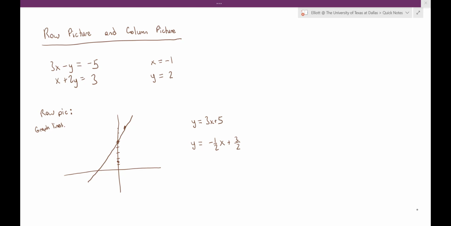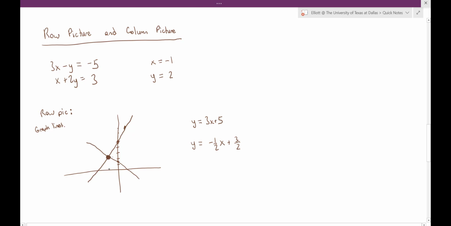All right, so then graphing this, the y-intercept was 3/2, and the slope is -1/2, so let's see here, let's go up 1 and then over 2, and then connect these two dots. All right, so then that would be our second line.